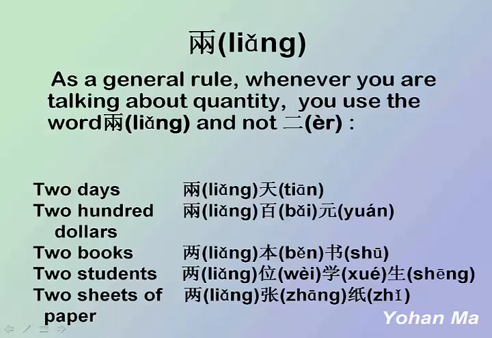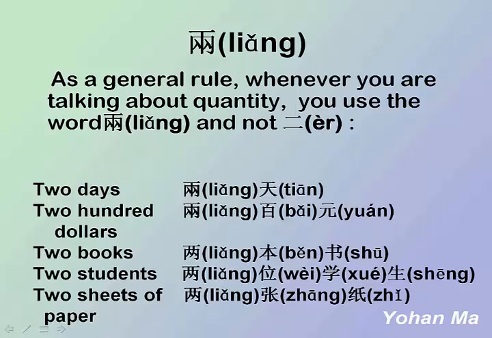两本书, 2 books. 书 is books. 本 is a unit for each noun. It's a little bit confusing. Let's talk about it later. 2 students, 两位学生. 位, again, that's a unit. 学生, student or students.